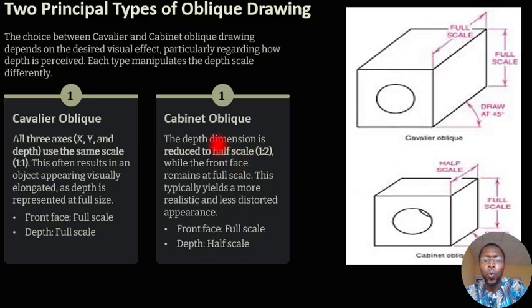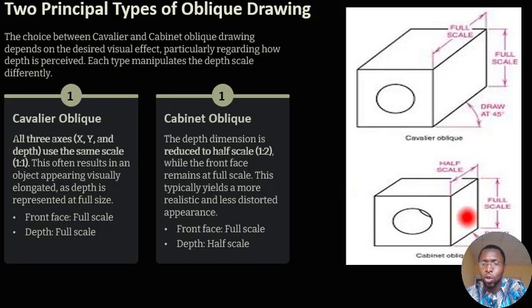On the other hand, when you talk about the cabinet oblique, there is a little difference here, and that difference is the depth. The depth dimension is reduced to half of the scale. Unlike the cavalier, where we have full scale for the depth, full scale for the height, and full scale for the length, for the cabinet, the depth is reduced to half of the dimension of that object.